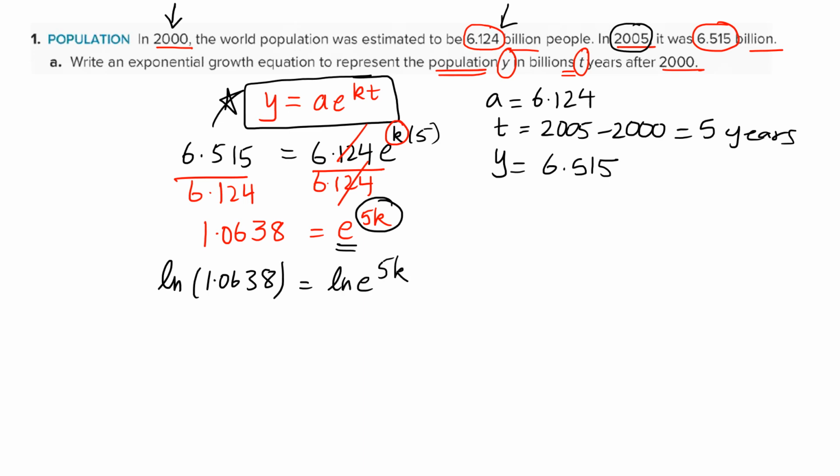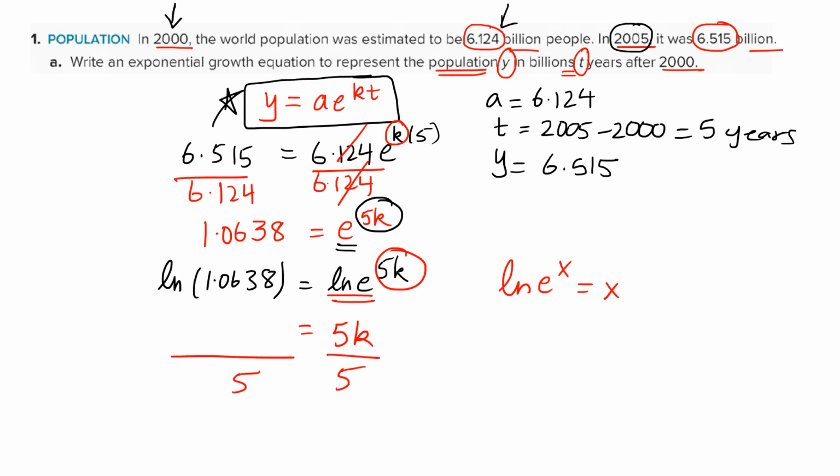And what happens when we take this ln is that ln e is already 1. Or if it was any other number as well, like ln e to the x equal to x, then this ln e becoming 1, the only thing which will be left on the right side would be 5k. So 5k is going to be equal to this log. Again, put it back in your calculator and then divide both sides by 5 as well, because I want just the k, so I'm going to remove the 5 from both sides.